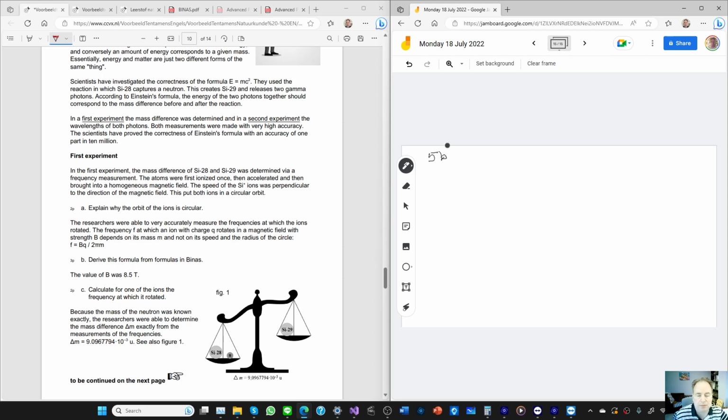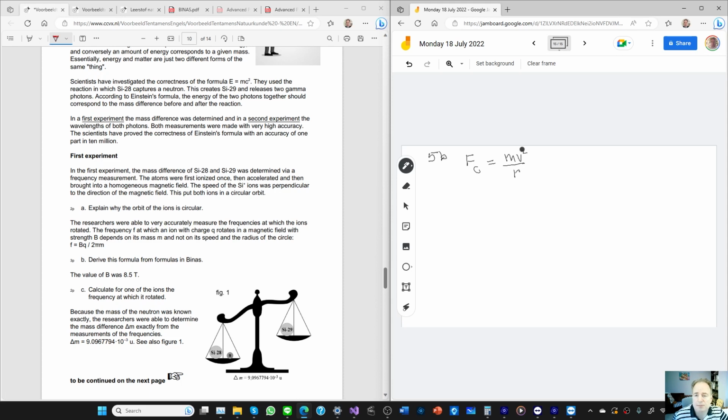Well, there's a relation between the centripetal force, the mass, and the speed that you have to remember. Actually, the centripetal force is m times v squared divided by r.